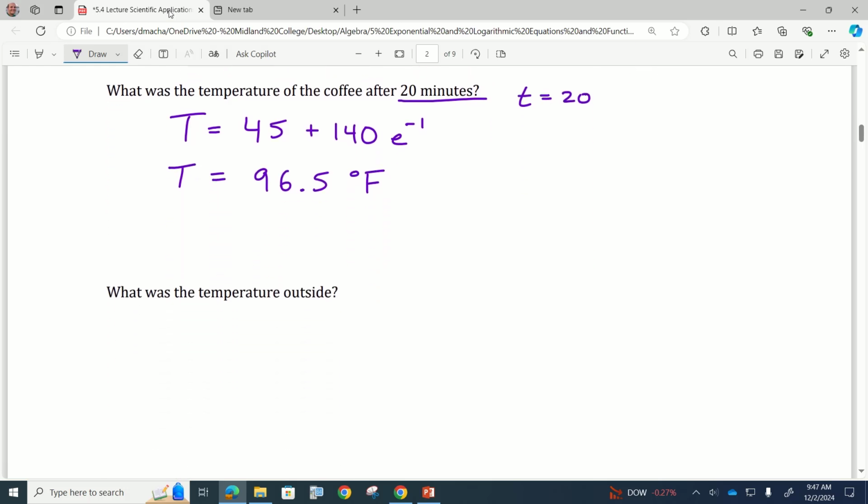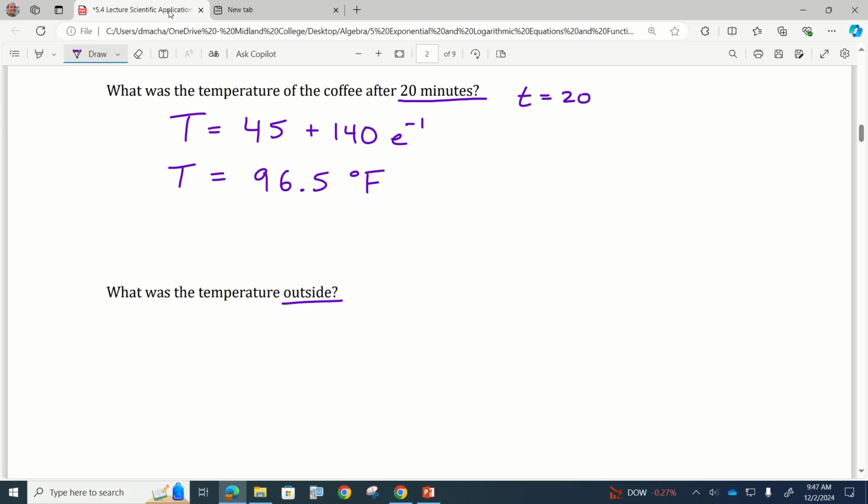What was the temperature outside? So this is a funny question. We know that heat flows from a warm object to a cooler object, relatively cooler object.